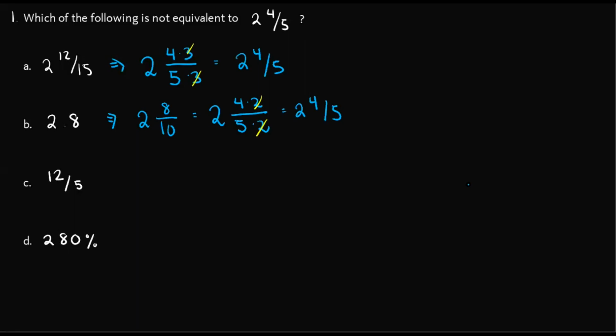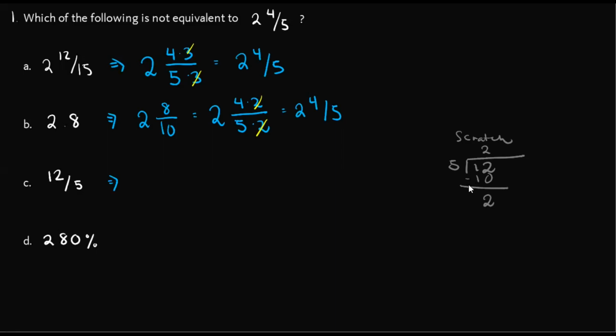Remember that given an improper fraction, we can convert it to its mixed form. So we have just a scratch out here. We have 12 divided by 5. So this one would give us 2. This will be 10. Subtract that and that would leave us with 2.